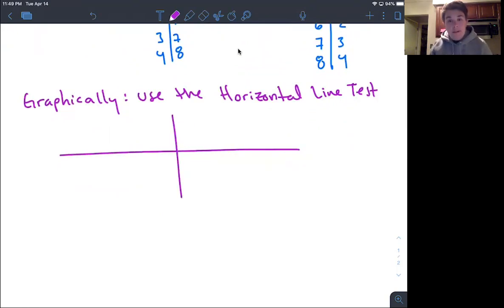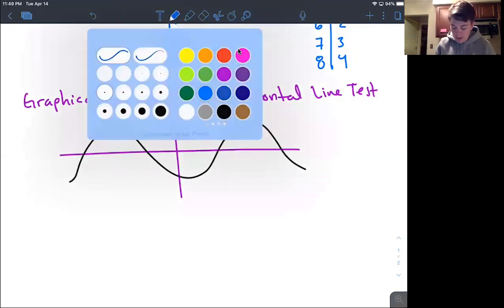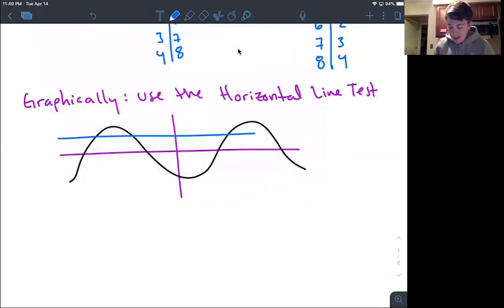So here's the sad thing about periodic functions. There are not many sad things about periodic functions, but here's one. When I draw a periodic function, it becomes pretty obvious pretty quick that it is going to absolutely fail the horizontal line test. That one hit 4 times.